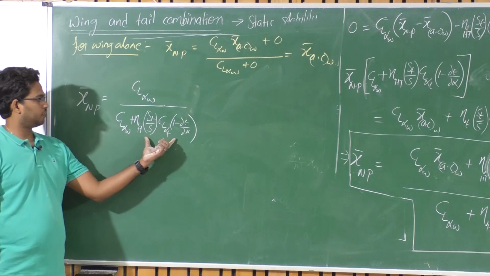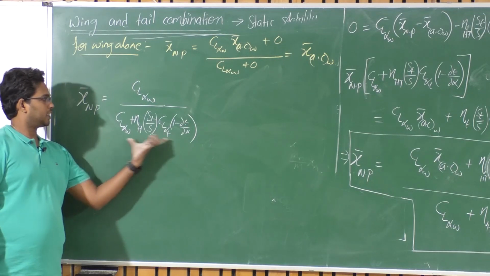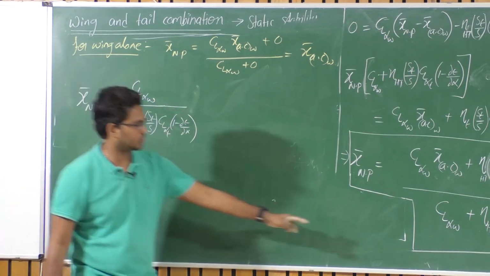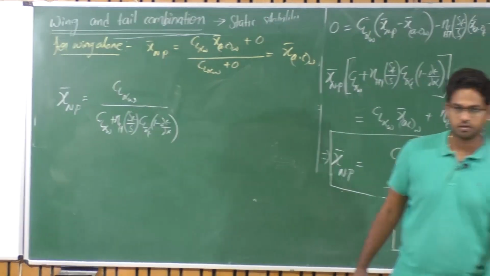So is it not the total CL alpha of the aircraft? Can I express this as the total CL alpha of the aircraft? Right?